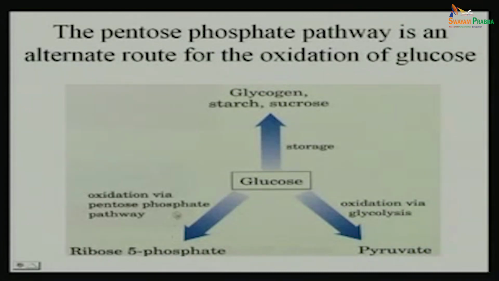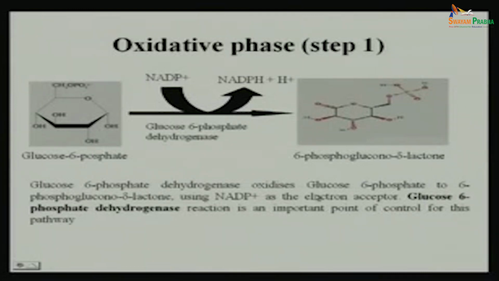Glucose can also be oxidized and enter this pentose phosphate pathway. Glucose can also be oxidized to form pyruvate, and today's lecture is how glucose is converted to 5-carbon pentose.